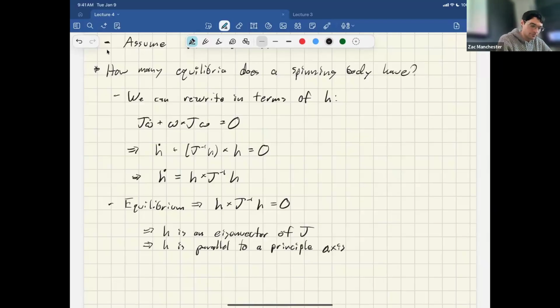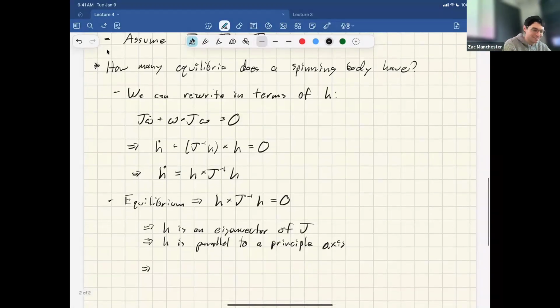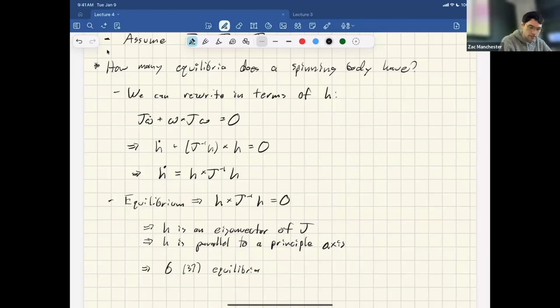Okay, so then we're saying it's like 3 or 6, depending on how you want to count, depending on if you count the negative sign as a separate thing or not. I think we'll call it 6. And these are going to be in the plus or minus these principal axes directions.